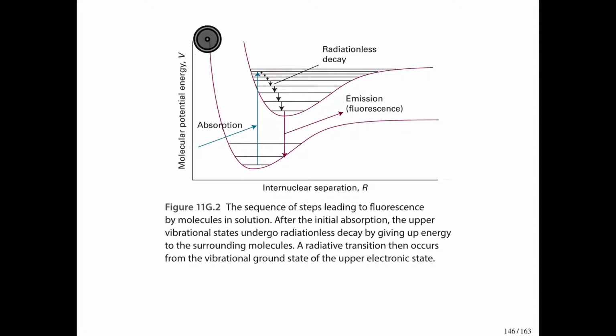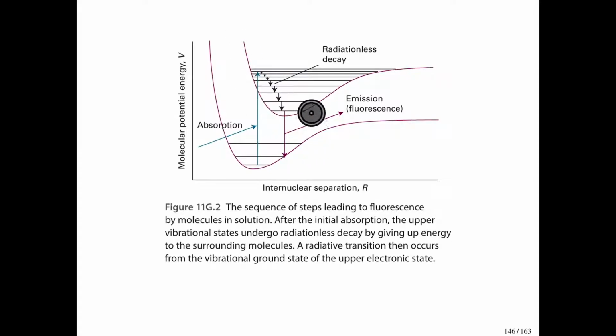We have the potential energy curve for the ground electronic state. So as a function of, let's say we're considering a diatom, as a function of the internuclear distance, this is how the ground state's electronic energy looks as a function of R. And then there's going to be several vibrational energy levels for the ground electronic state.